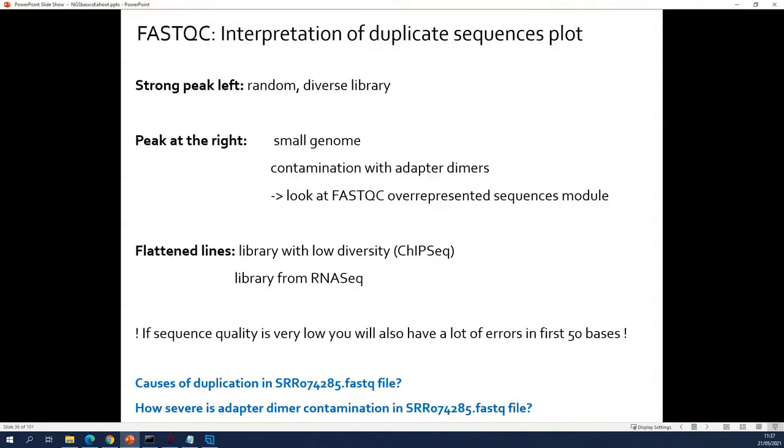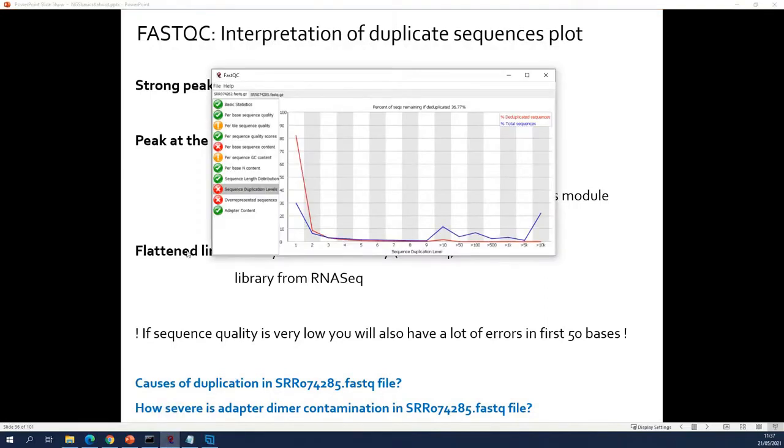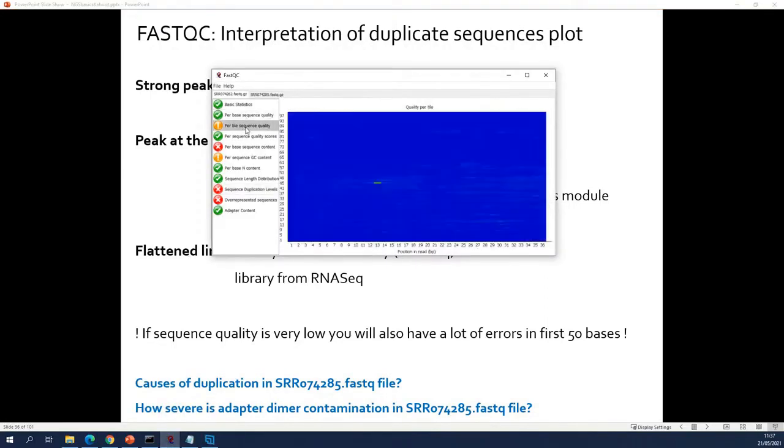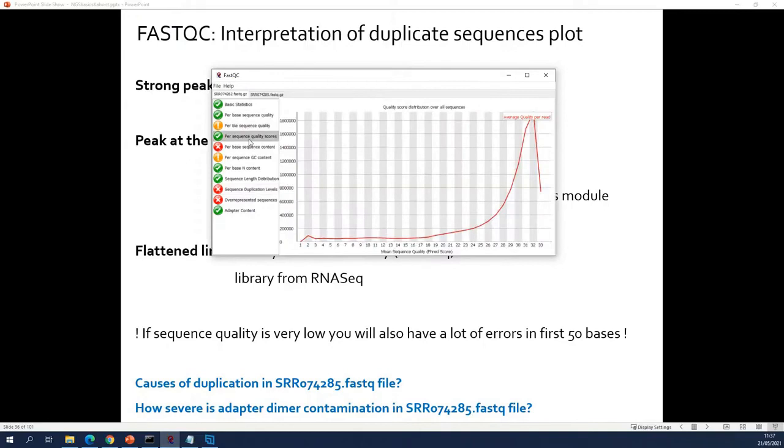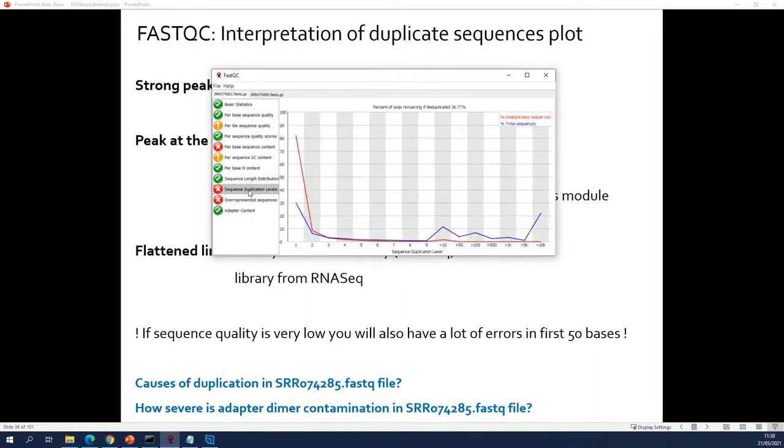What you have to take into account here with this plot is the overall quality of your data. So if all the other plots, like this one, and this one, and this one, say that the quality of your reads is very low, then this will have implications on your duplication plot here also.